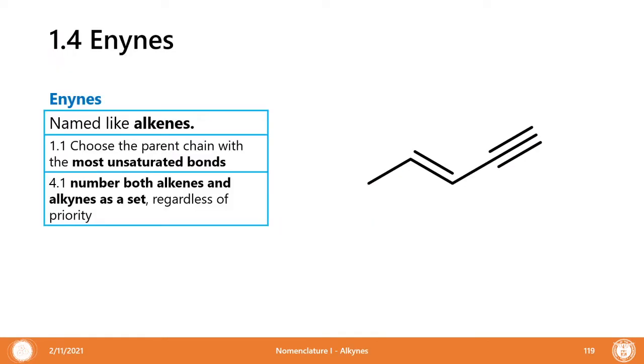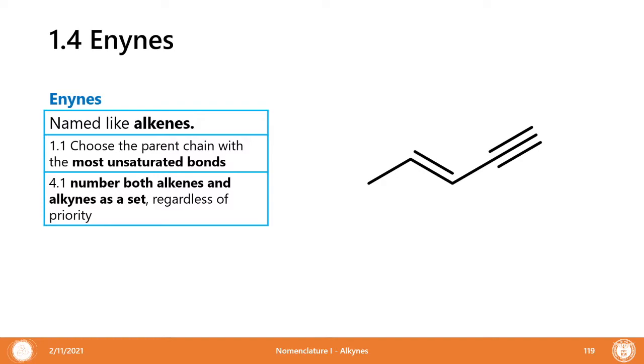Okay. So now we proceed to enynes, which are compounds which contain both alkenes and alkynes. So how do we name them? Well, what you first want to do is choose the parent chain, or determine the parent chain with the most unsaturated bonds. In this case, our simple example, we have no choice but to select the main chain.